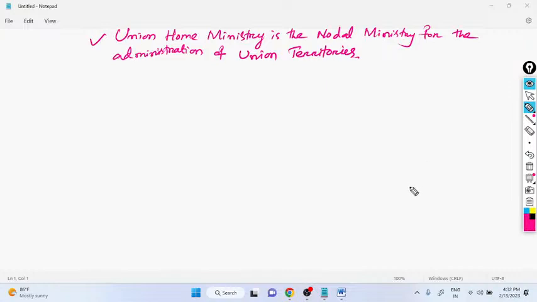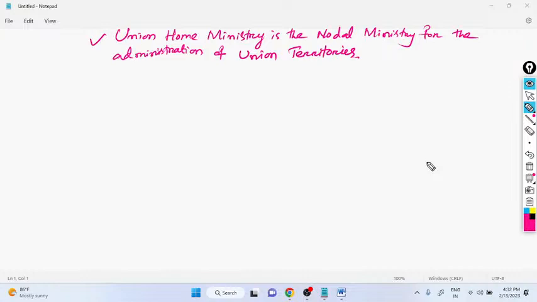Okay, so these are the major aspects of your union territories. We have seen a typical administrative system is adopted for the administration of union territories, and basically there are home ministries, nodal ministries responsible for the better administration of the union territories.